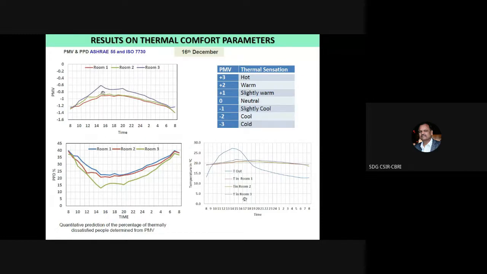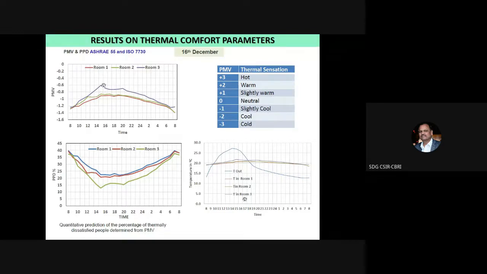During the daytime it is minus 0.6, whereas in the case of the ground floor rooms it is less than minus 1. Maybe at 12 o'clock or 2 o'clock, room 3, that is the first floor, is a little bit comfortable, just below neutral. But room 2 and room 1, which are on the ground floor, may feel slightly cool.